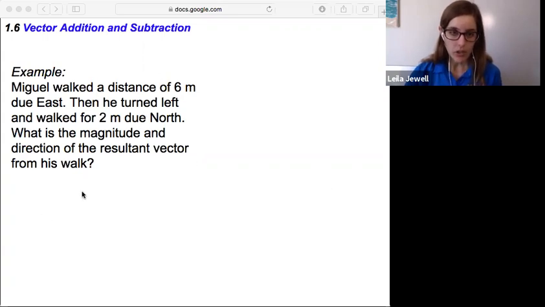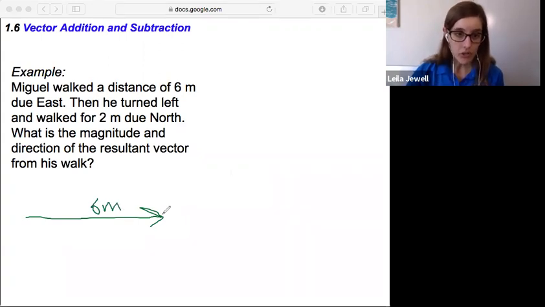So 6 meters due east, we remember east is to the right. So my 6 meters, cool. And then at this point, Miguel turns left and goes 2 meters due north. So north is going to be in the upward direction. So I could fill that in here.